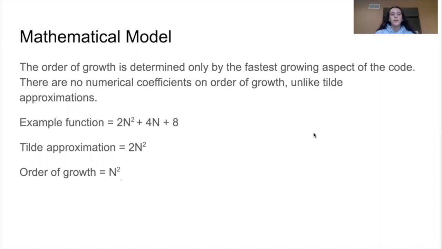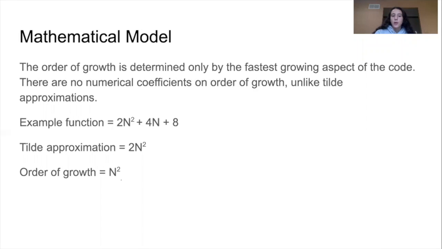So there are different mathematical models that show the speed of a program based off n, the number of inputs. The example function is just the entire function that shows the speed based on the number of inputs. In this case, for an example, it is 2n squared plus 4n plus 8.